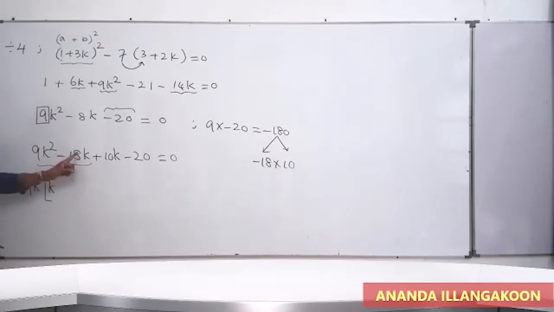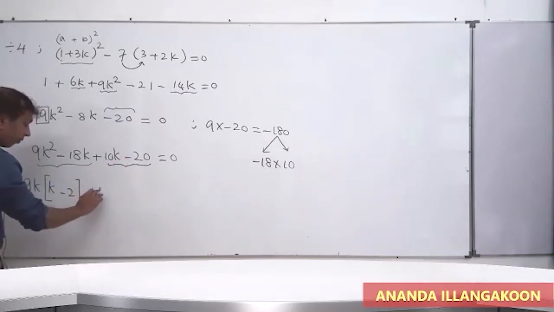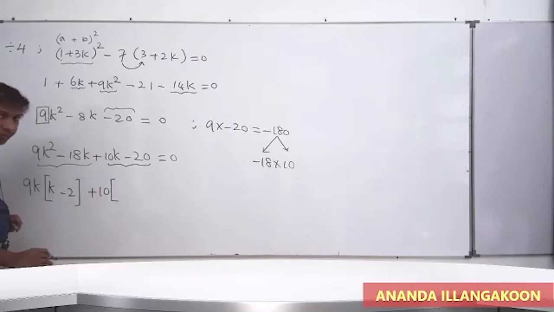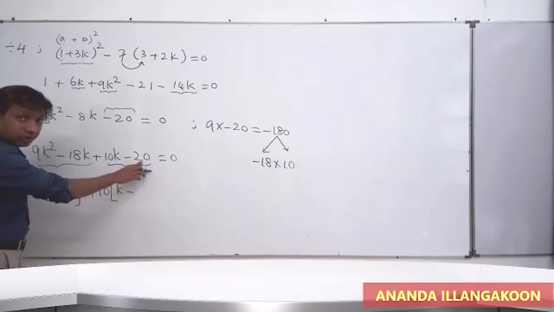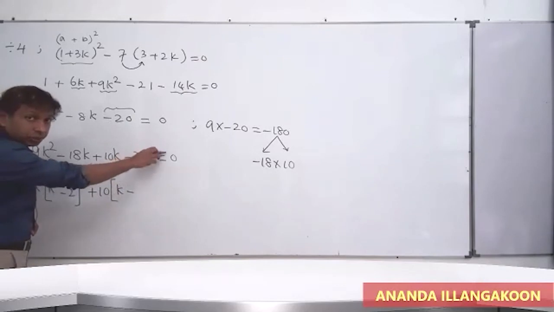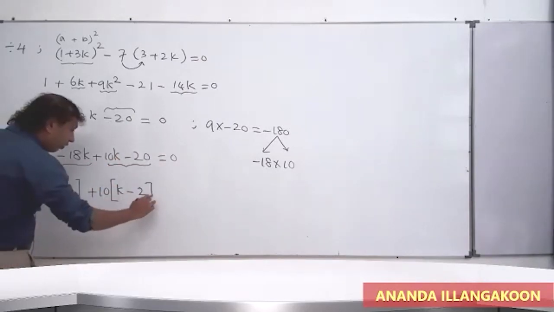Then that 9 and this k when you take, we get minus 2. From these two terms, we can take plus 10 out. Plus 10 is common. Then here we get k minus, this 20 we can write as 10 into 2. Once you take 10 out, 2 remains within the bracket like this.